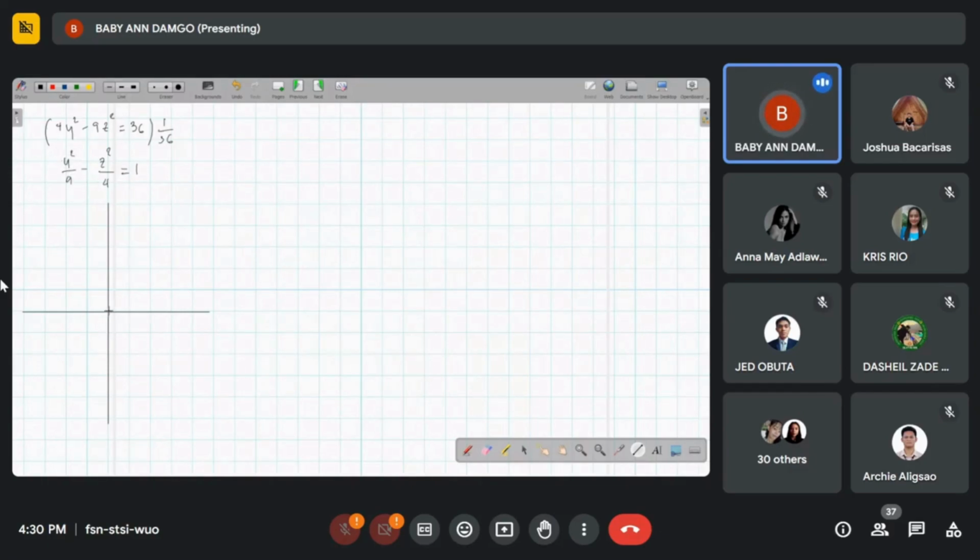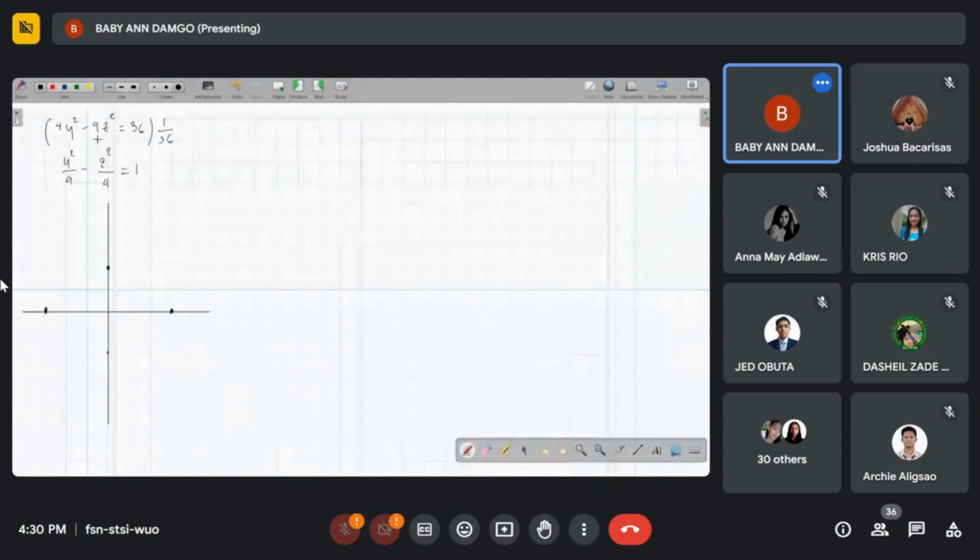So, from the origin, so 1, 2, 3. Okay? From the left, 1, 2, 3. Okay? For z, so this is 2. 1, 2. And then 1, 2. Actually, we can create an imaginary line para mas klaro kayo ato ang ano.